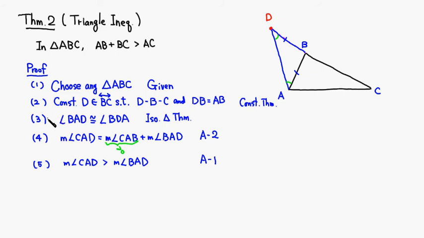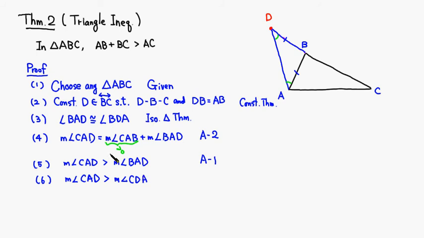Then we can combine line 3 and line 5 to get step 6. The measure of the angle CAD is greater than the measure of the angle BAD, which is the same as the measure of the angle BDA. You can write BDA or CDA, same thing. I'm going to write CDA.